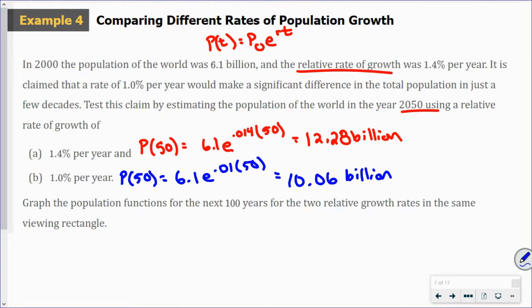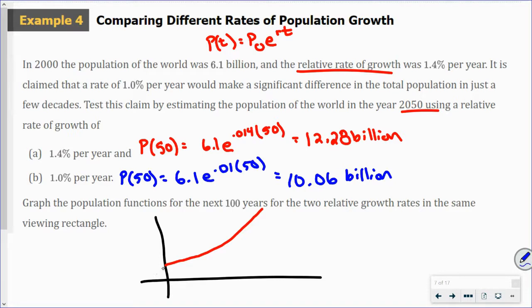Okay, so yeah, that's a significant difference: 2.22 billion people over 50 years. That's quite a bit of difference. Now, we're not actually going to graph it, but I'll show you that if you were to graph it, this red one here might start off something like this, might go like that.